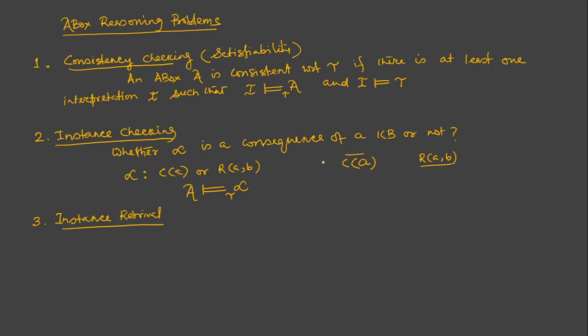Our input here would be either a concept or a relation, and you need to check what kind of individuals belong to this concept, or what kind of pairs belong to this particular role, right? So this instance retrieval can be defined at the concept level or at the role level.